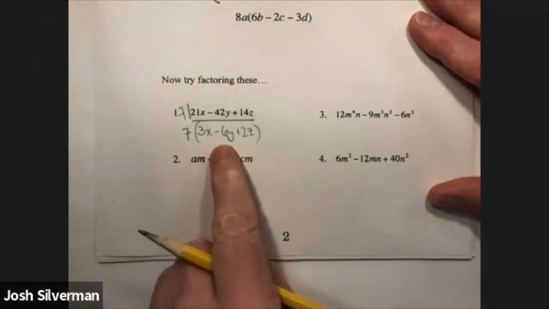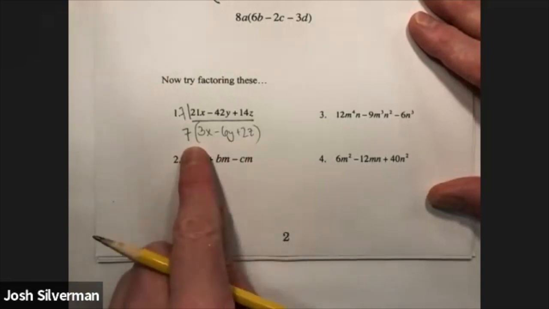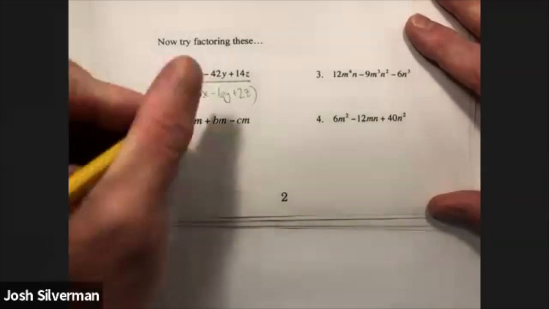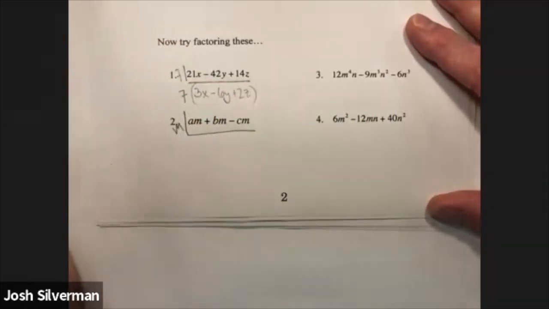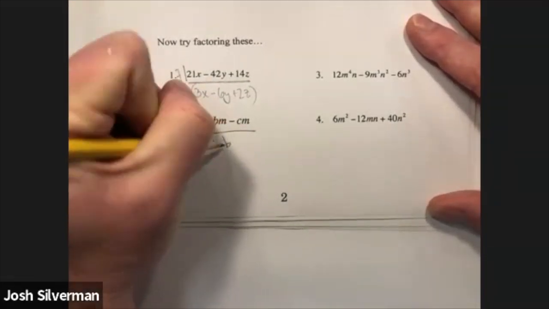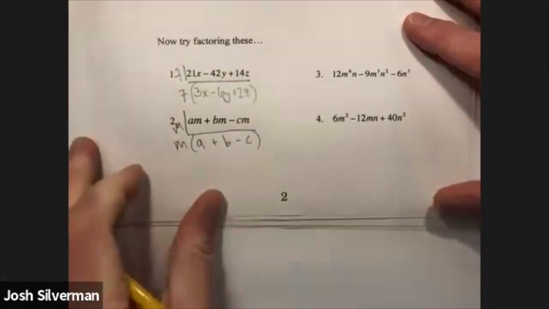Whatever you can no longer divide, that goes on the inside with the parentheses. The GCF goes on the outside. Number 2, what can all of these be divided by? Well, they can all be divided by an M. What's left behind? A plus B minus C, and the M goes outside.